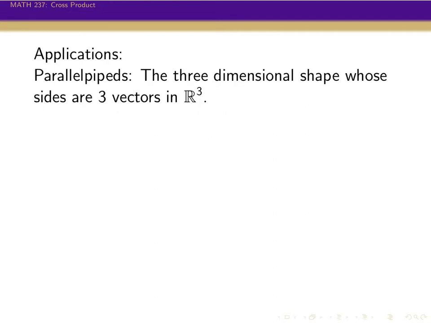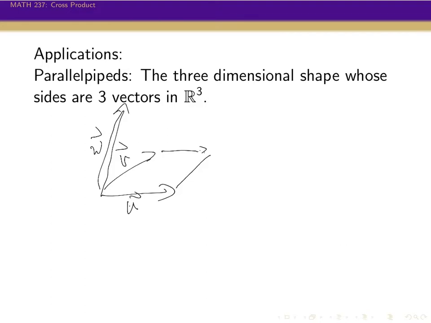So another application is we can sort of take our parallelogram and add another dimension, and we get what's called a parallelepiped. What a parallelepiped is, if you have three vectors, u, v, and w, and then you keep adding them in to get a closed-in shape.